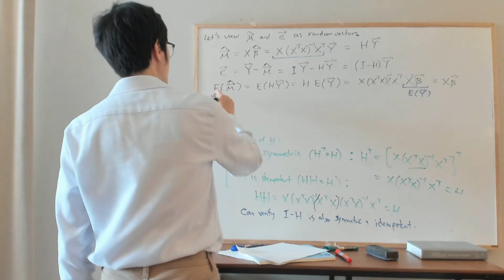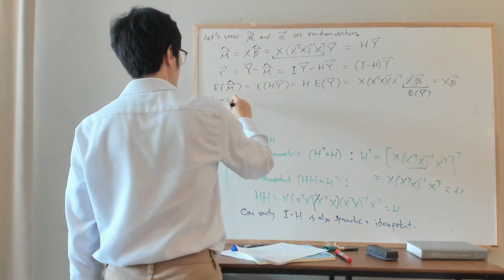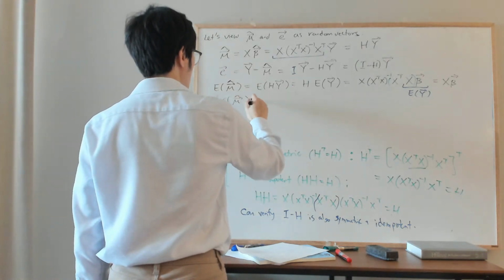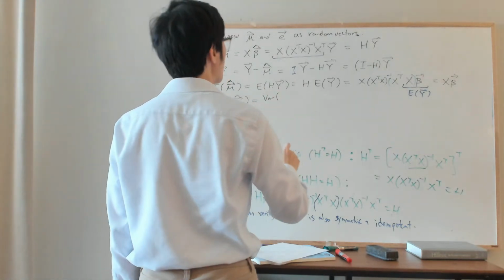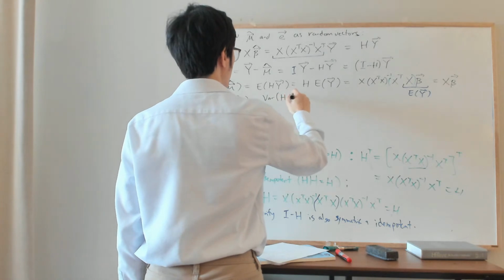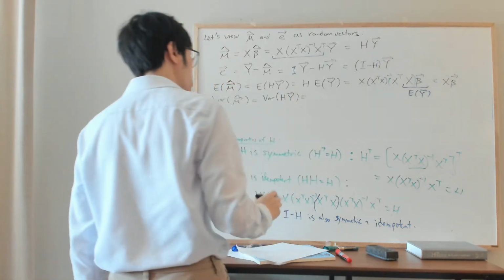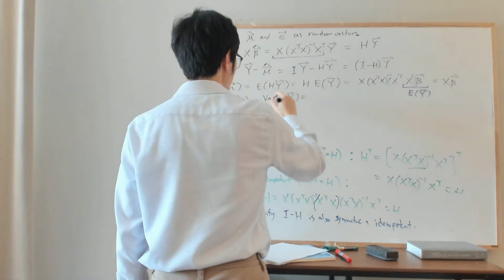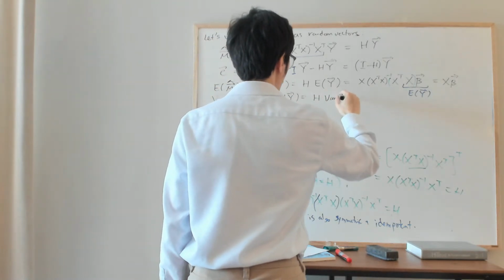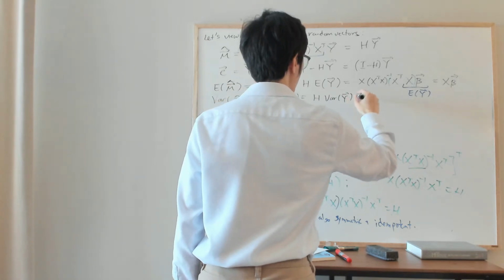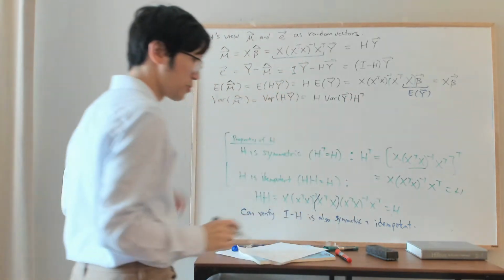Okay, and we can also do its variance. So we do the variance of Hy, and again we use what we learned about random vectors. This is H variance of y, and then H transpose.